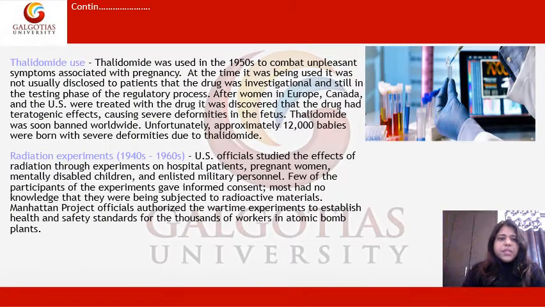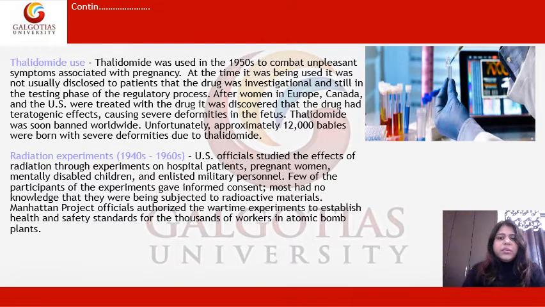In continuation, the next unethical trial was thalidomide use. Thalidomide was used in the 1950s to combat the unpleasant symptoms associated with pregnancy. At the time, it was not usually disclosed to patients that the drug was investigational and still in the testing phase of the regulatory process.